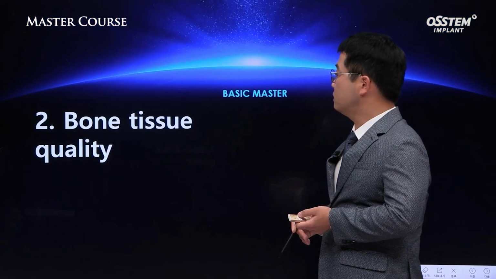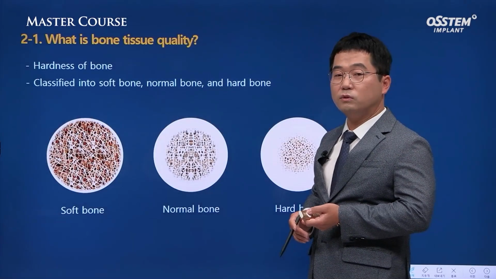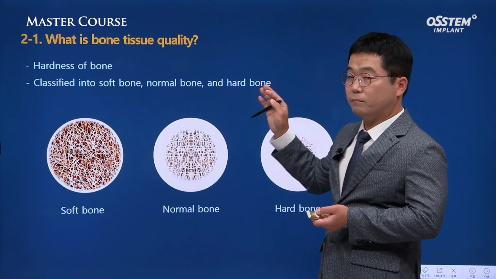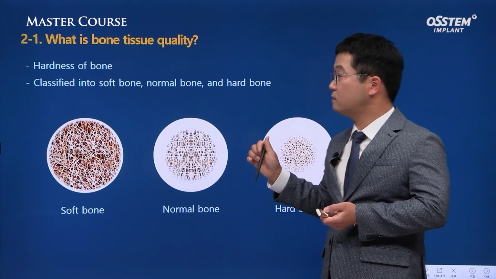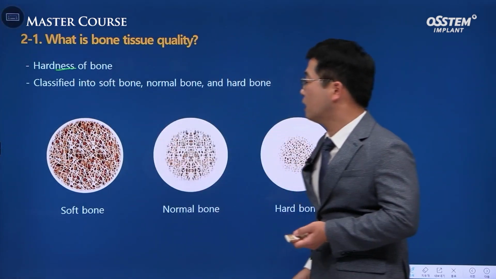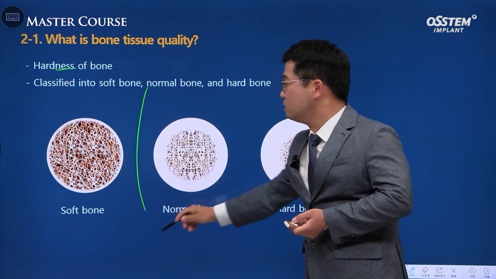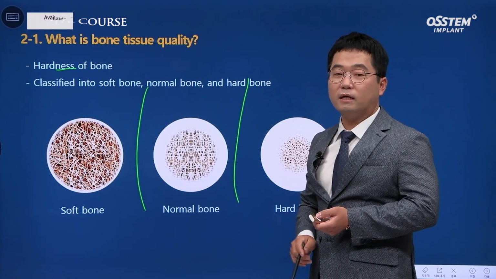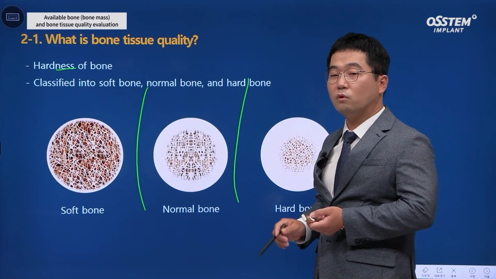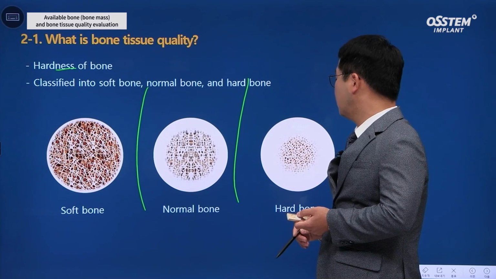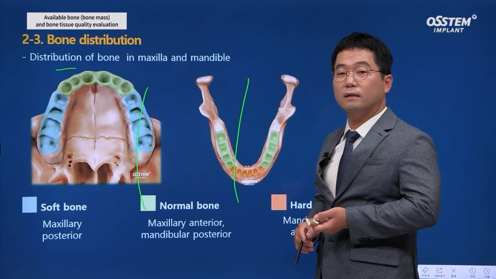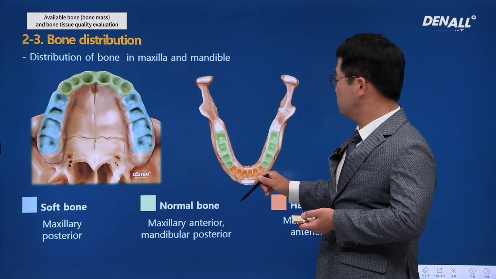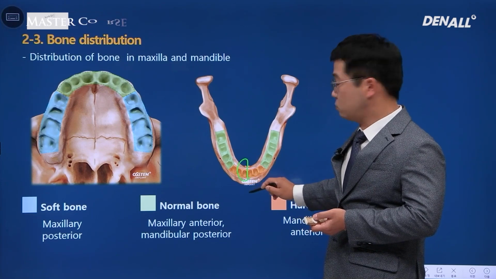Second is bone tissue quality. This is the hardness of bone. We cannot classify it clear-cut, but it can be largely divided into three: soft bone, normal bone, and hard bone. Depending on the site, in the case of the lower anterior area, it's quite hard.